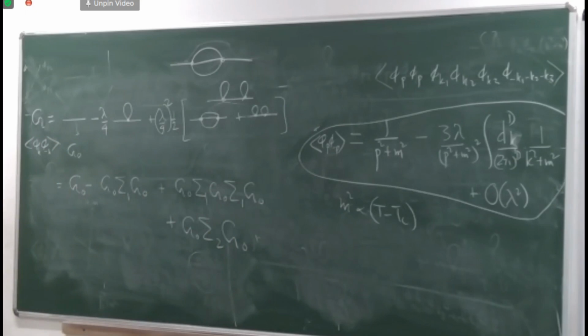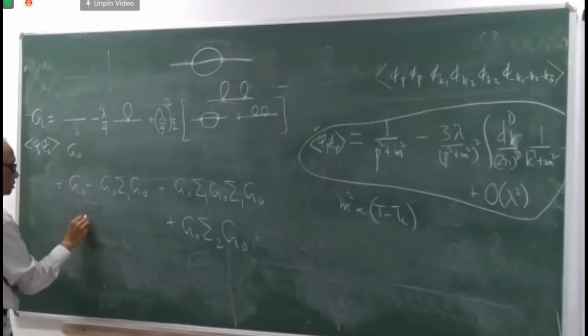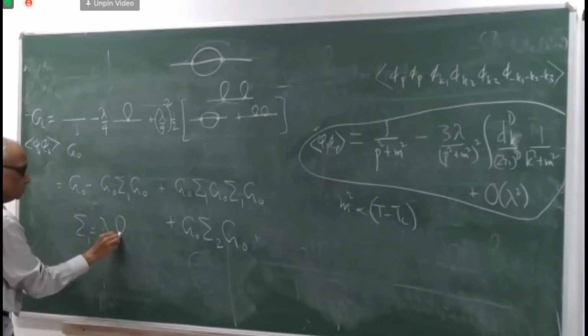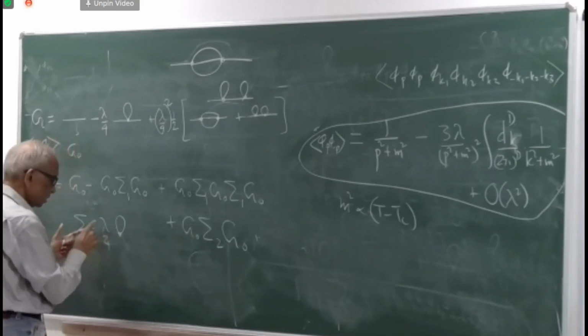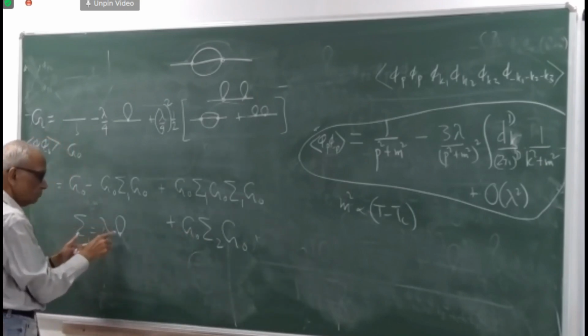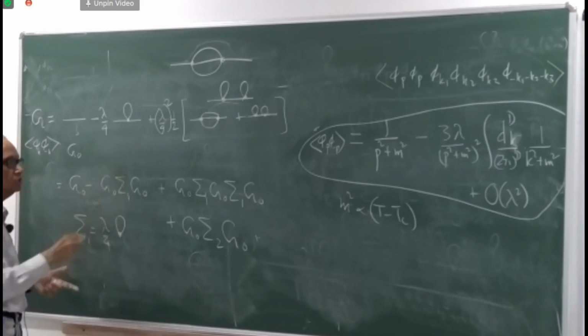No, the numerical factors, they are included in the sigma 1. The sigma 1 carries lambda by 4 into this. And sigma 2 is half into lambda by 4 squared into 2 of these.